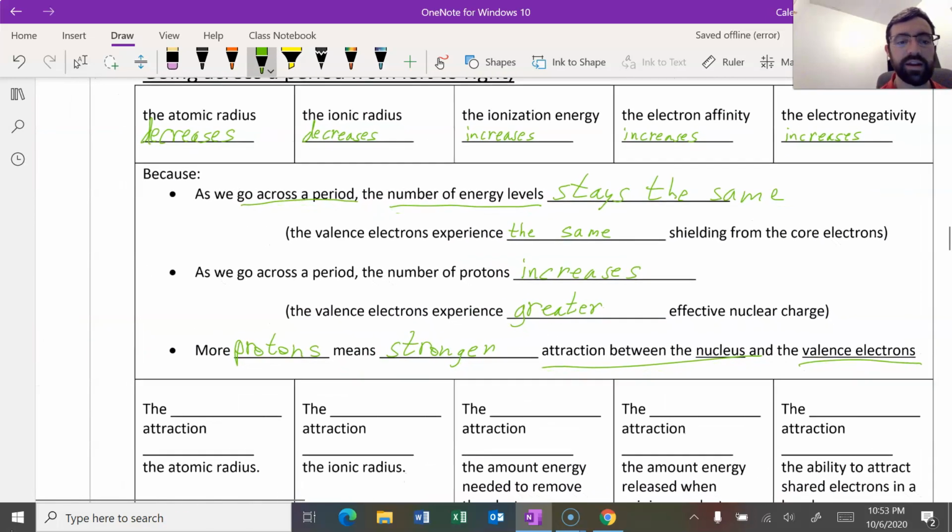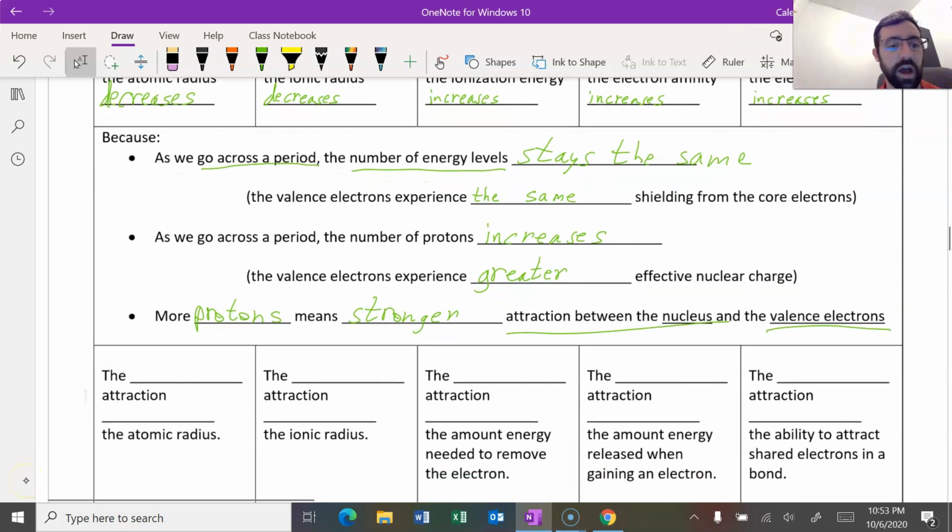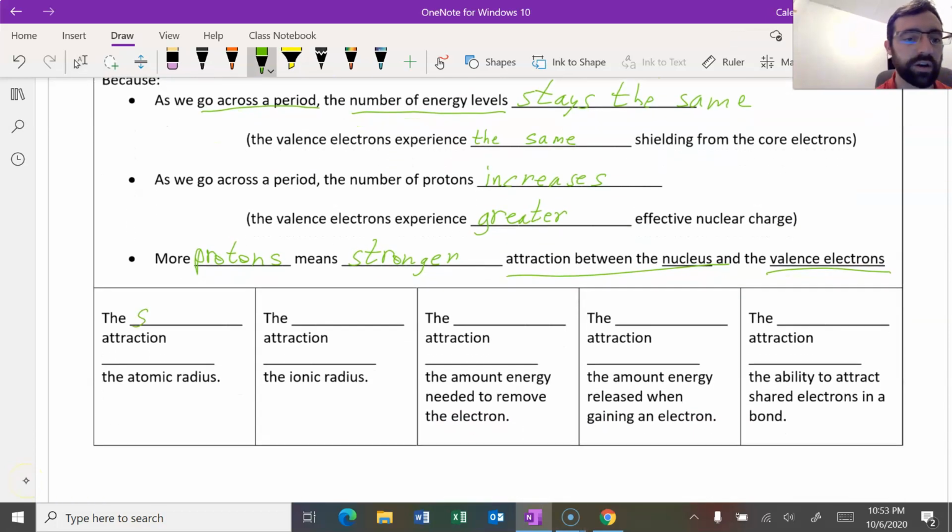Now let's look at how that affects each of these: atomic radius, ionic radius, ionization energy, electron affinity, and electronegativity. For instance, atomic radius, the stronger attraction pulls on those electrons a little bit harder, that decreases the atomic radius because it sucks in the outer layer of electrons closer.